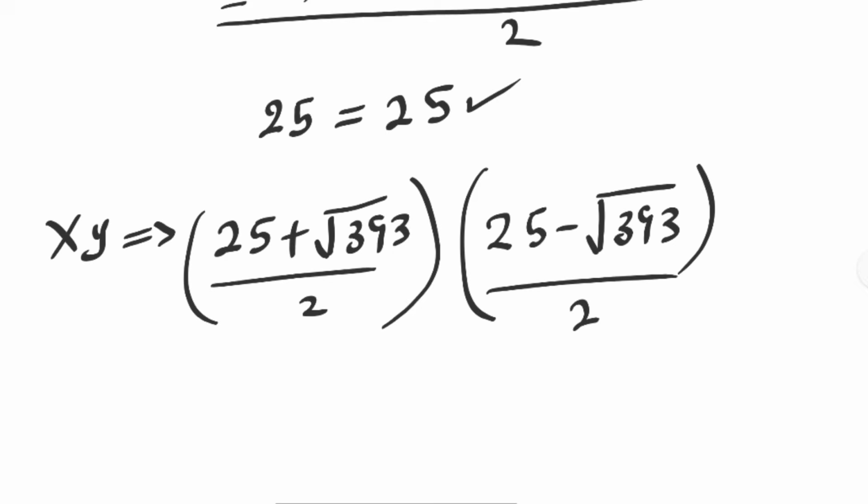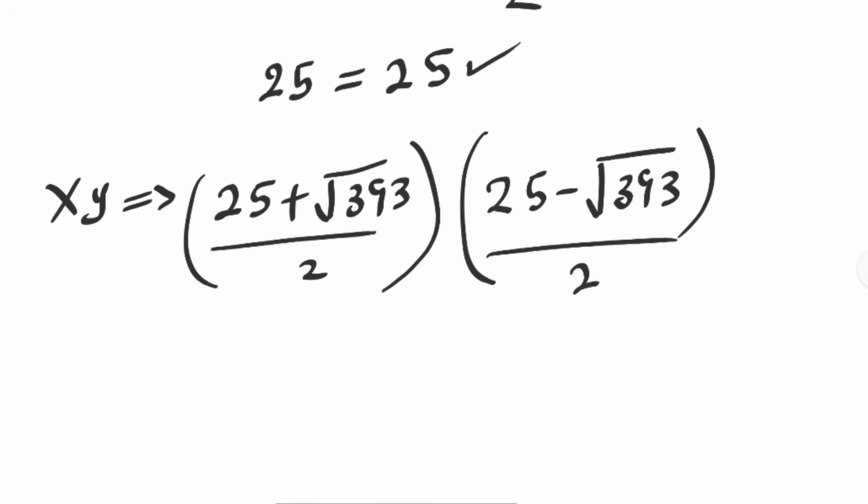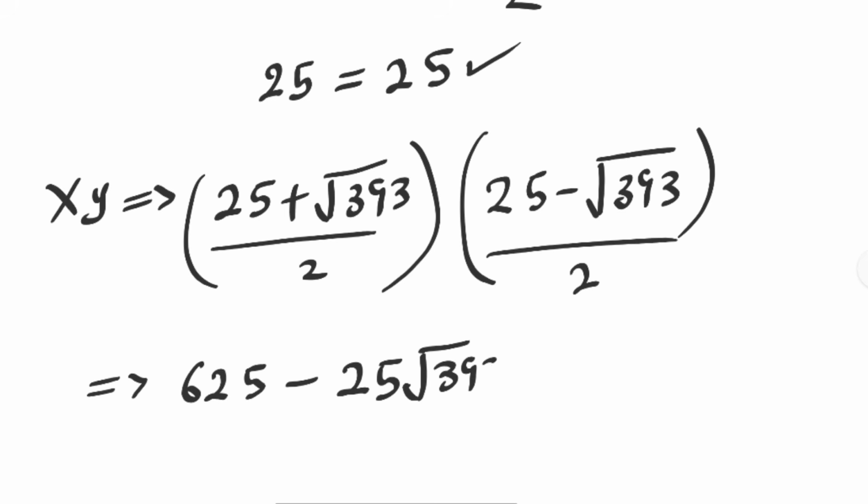Now here, 25 times 25 is 625, minus 25 times root 393, that is 25 root 393.